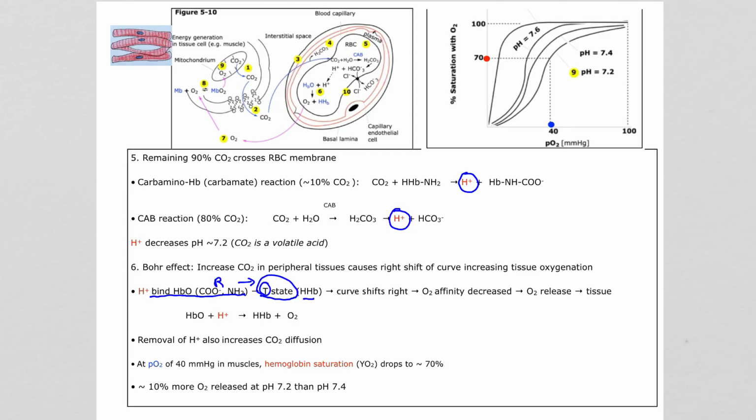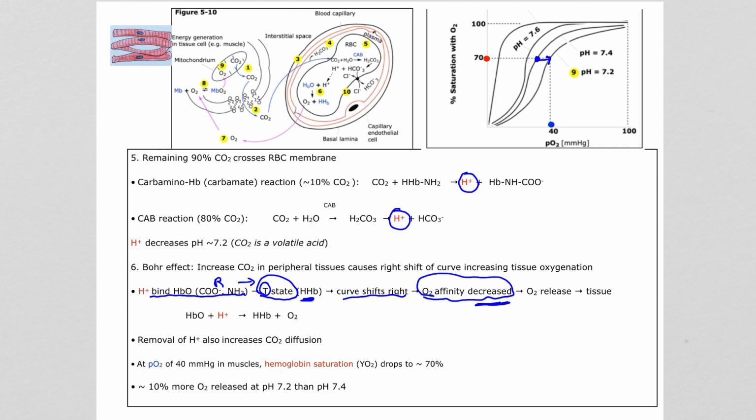Because of the change in shape, the oxygen dissociation curve will shift to the right. So the oxygen dissociation curve shifts to the right, which means hemoglobin's affinity for oxygen decreases, as we mentioned in the previous video.